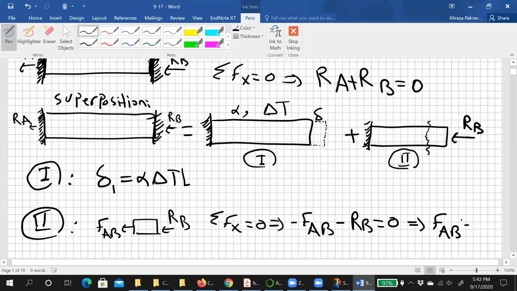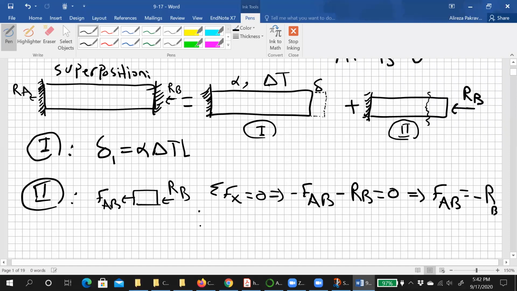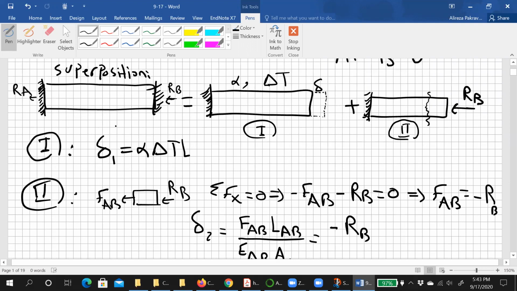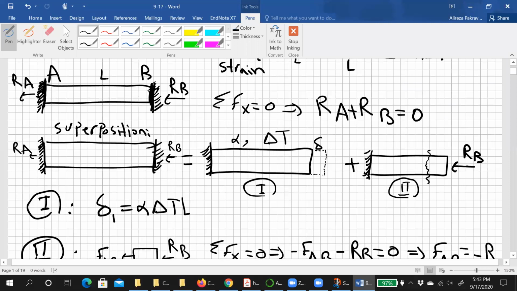FAB is negative RB. And then delta 2, for example, is FAB LAB over EAB AAB, right? FAB is negative RB, LAB is just L, the length here is L.